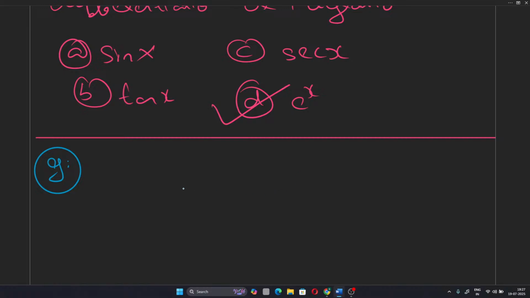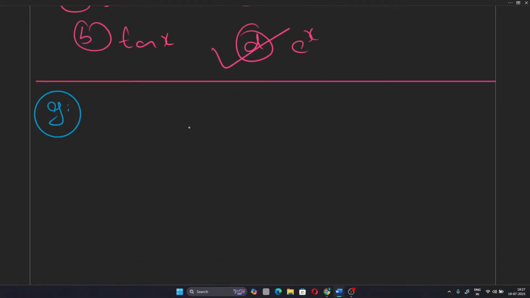The next question is the equation of a line. This is a y and x graph. This is the slope.